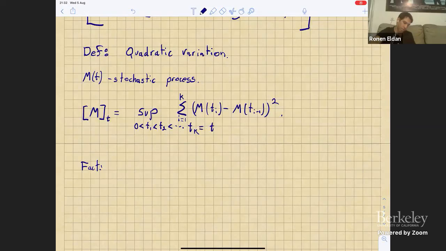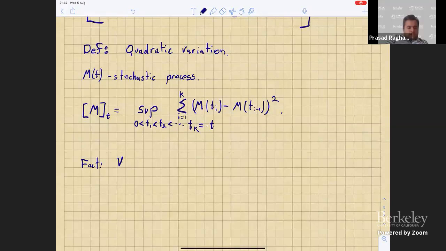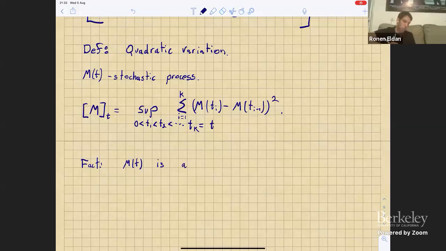I mean, it actually matters if the process is not continuous. Is the supremum also over all K? The supremum is also over all K. Yeah, it's over K and also over the T's.